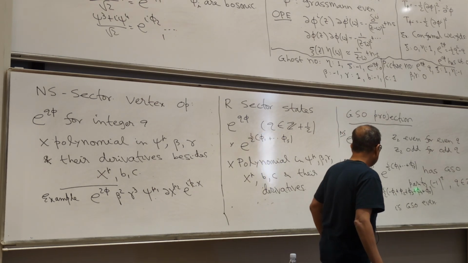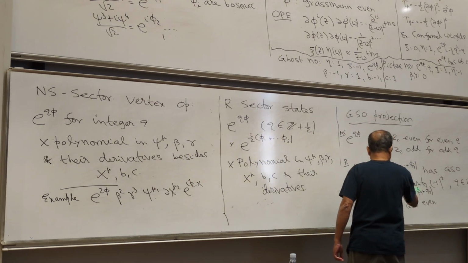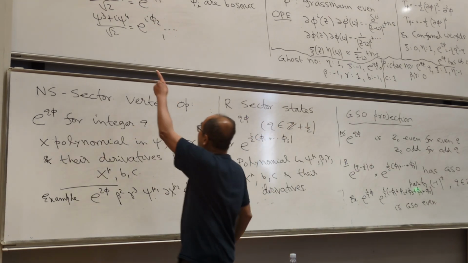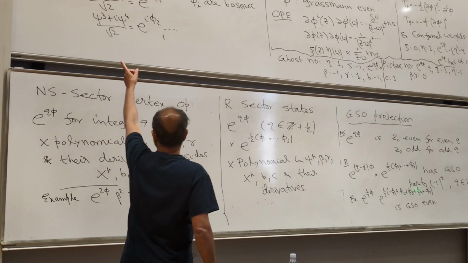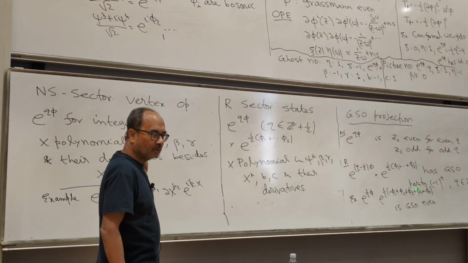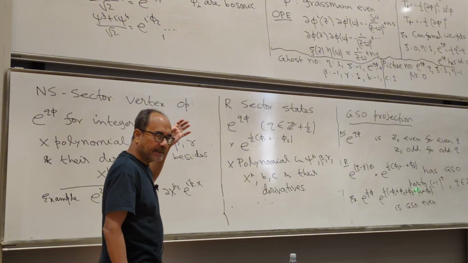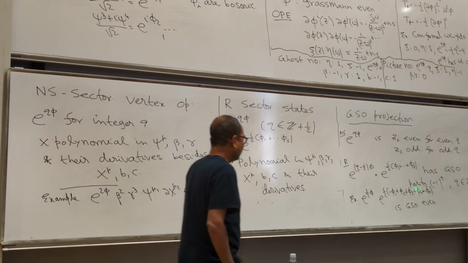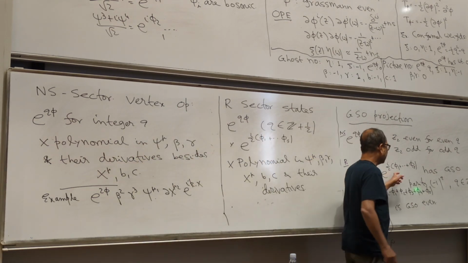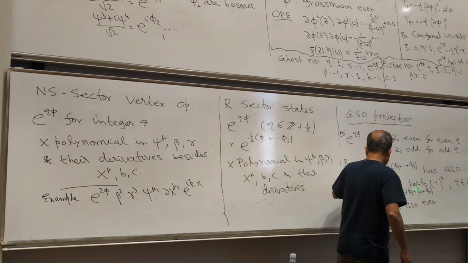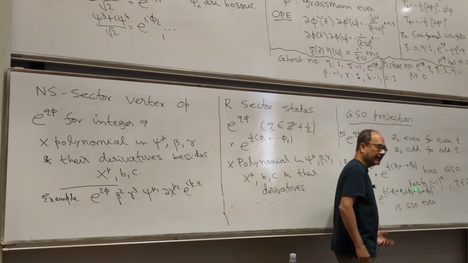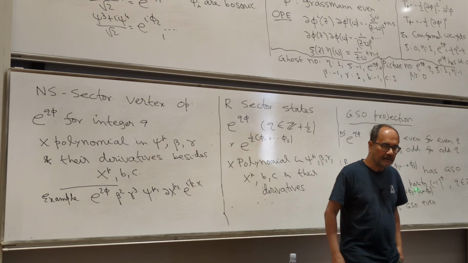Okay, because you can go from i by 2 phi 1 to minus i by 2 phi 1 by multiplying it by e to the minus i phi 1, which is psi 1 minus i psi 2 by root 2. Right? e to the minus i phi 1 is GSO odd, because psi 1 and psi 2 are GSO odd. So when you multiply by this, it becomes GSO odd. But you are now also changing from minus half phi to half phi, right? So q is 1. So the two GSO parities cancel, and we get an even GSO state.